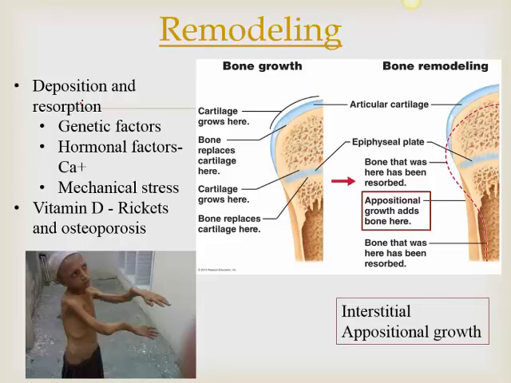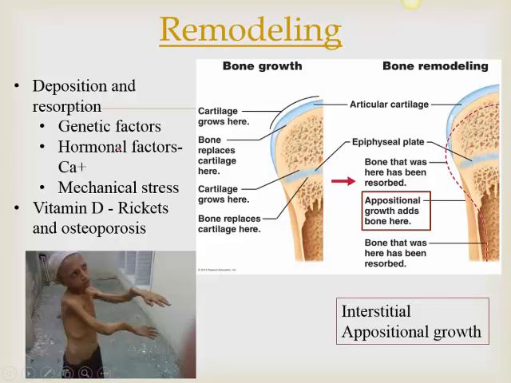Now, remodeling is dependent on genetic factors, and on the presence of an adequate amount of growth hormone and other hormones. Genetics: certain people grow taller than others, and that's based on their genes, because they may have the gene for increased height as compared to someone else.